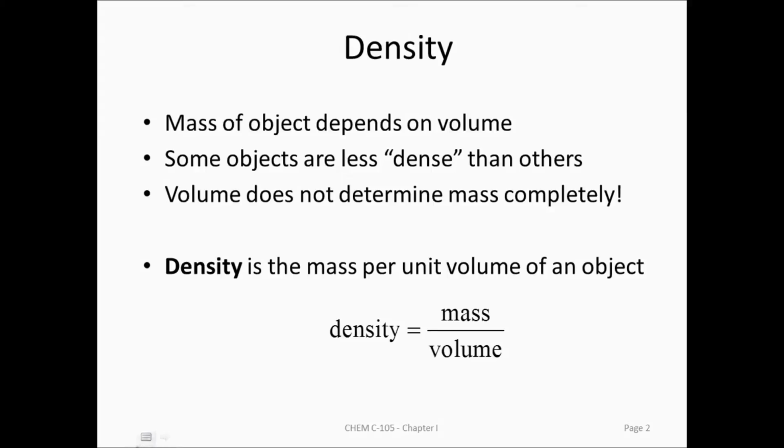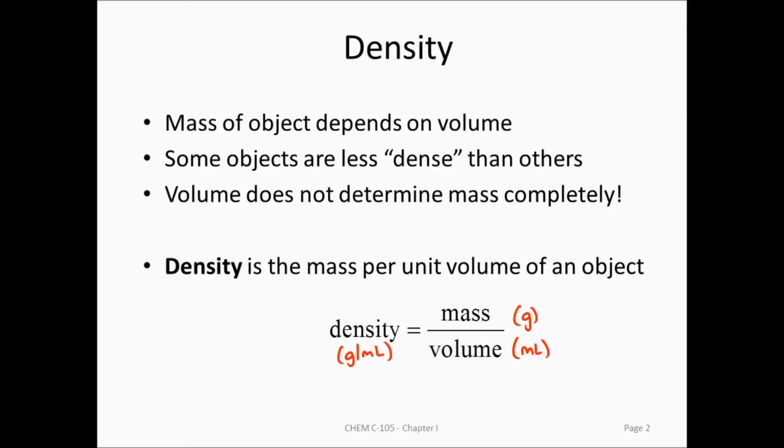Okay, and typically we have various different units for this. So I use grams for the mass almost always, and I can use milliliters for the volume, and that would be grams per milliliter.